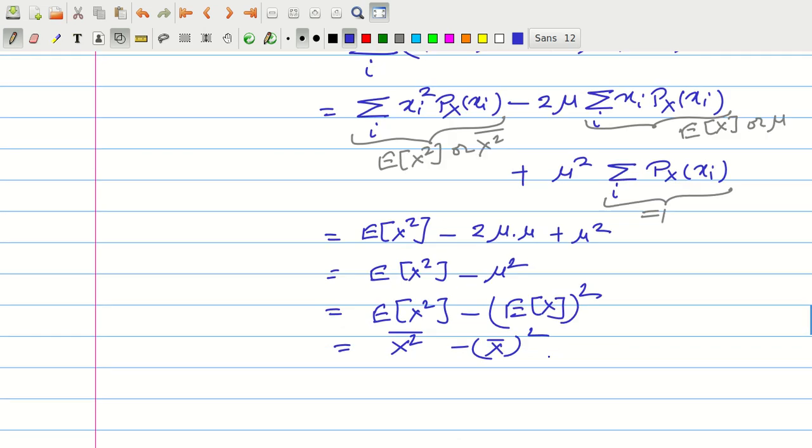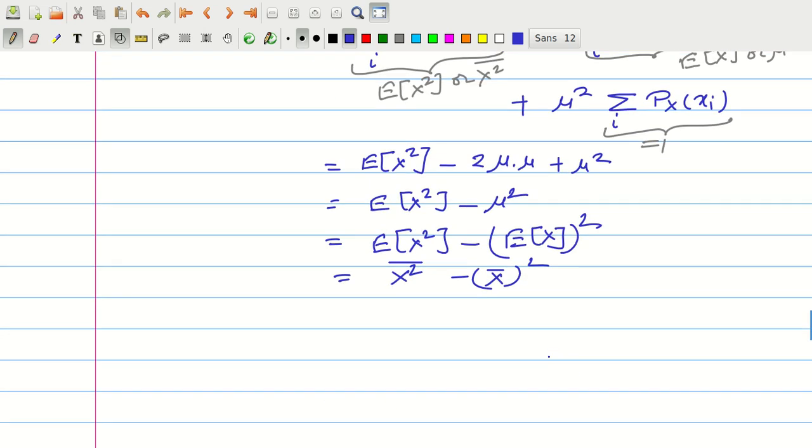So the expression is same as that we had obtained for the case of a continuous random variable.